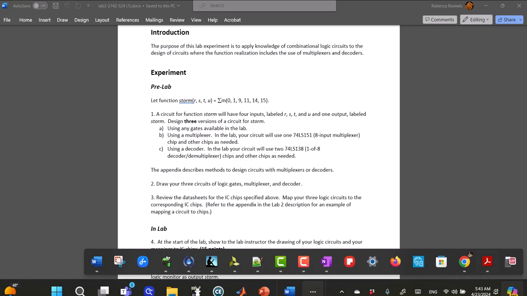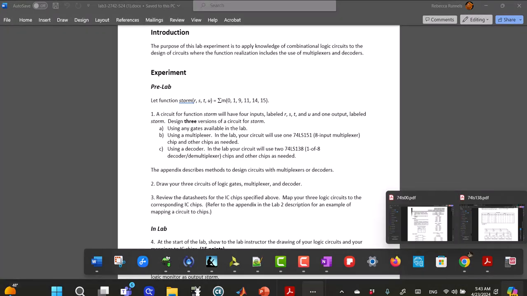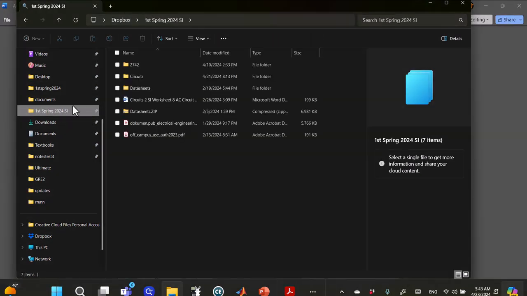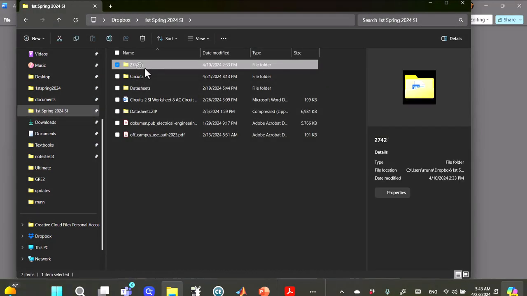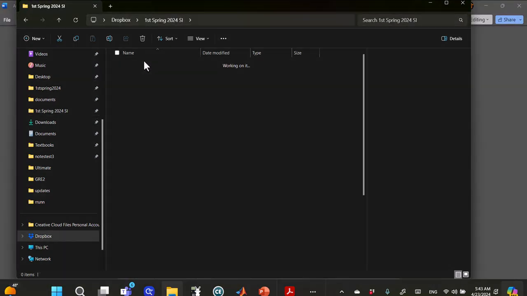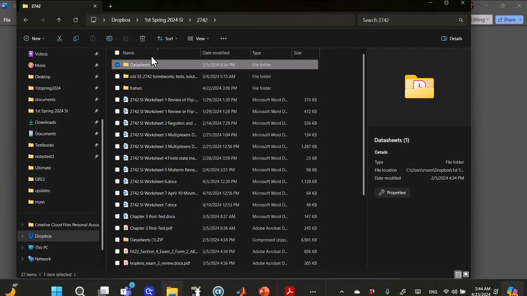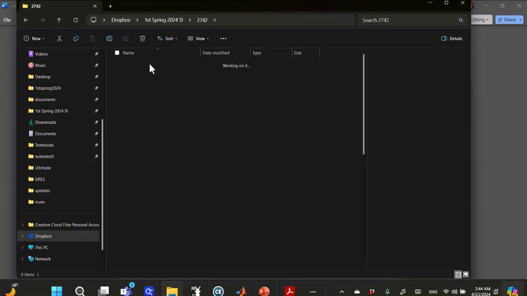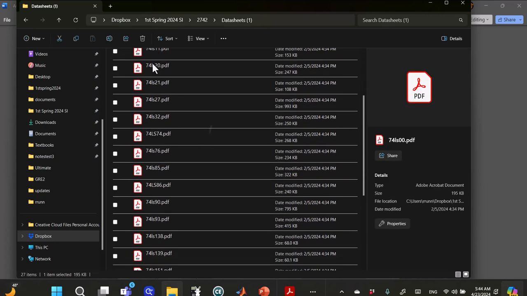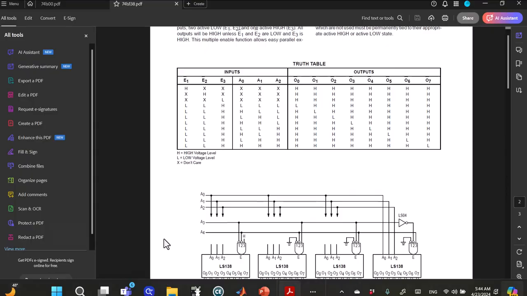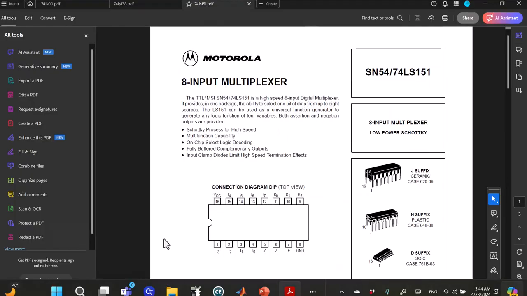Let's see if I have the data sheets for those. There's 138 and we need LS151.